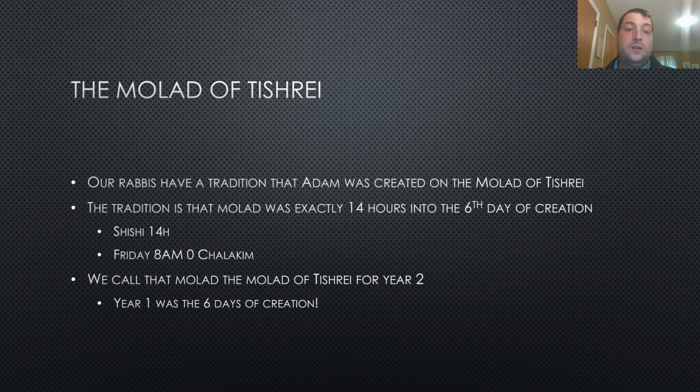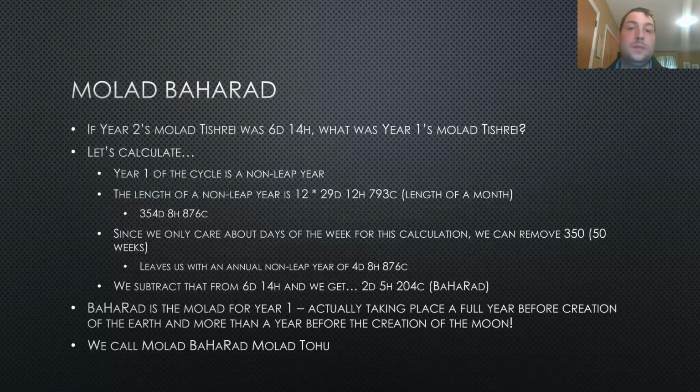So year 1 was the 6 days of creation. Year 2 was the first year of existence of man. So year 2 molad Tishrei was 6 days and 14 hours, okay?